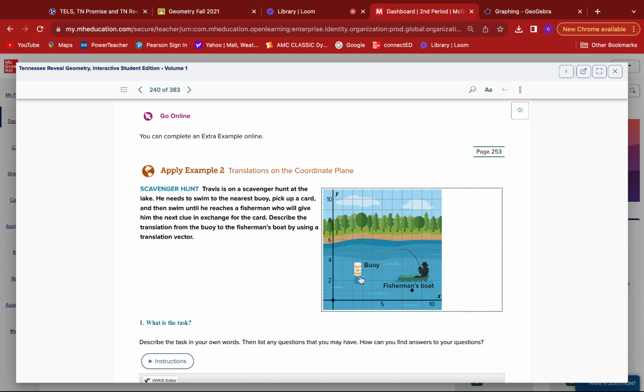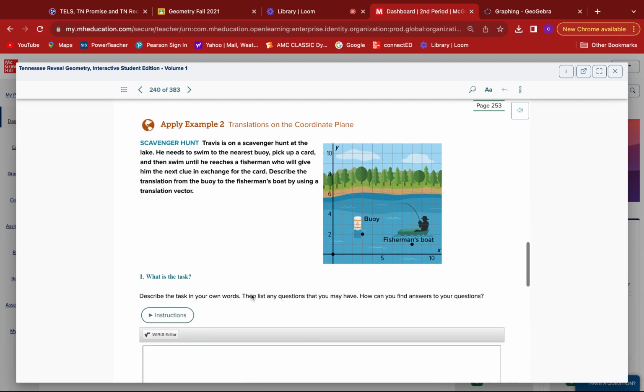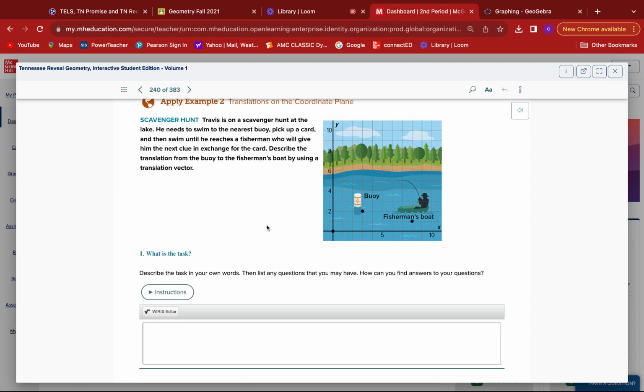So buoy is your beginning, fisherman's boat is your end. So it looks like we're going to have to go down 1, and then right 1, 2, 3, 4, 5. So it looks to me like the component form is going to be [-1, 5].